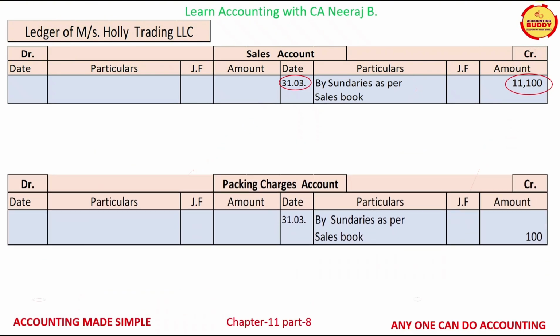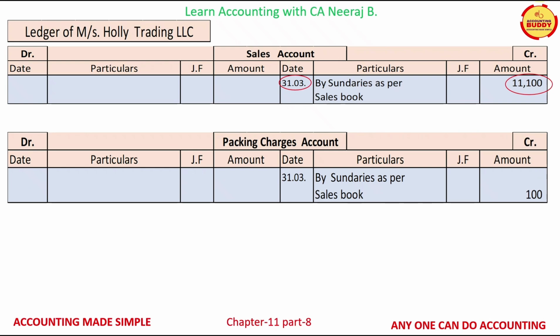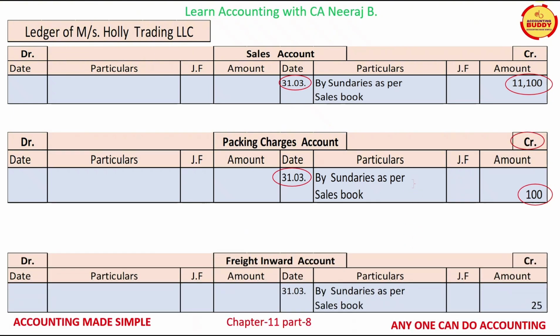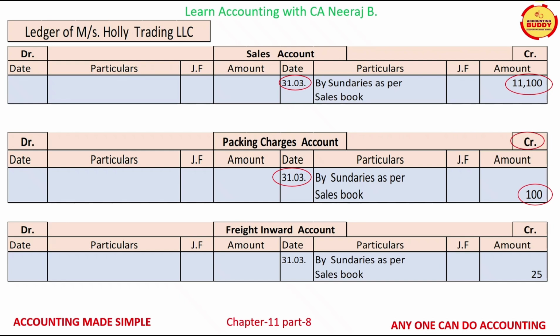Posting in the packing charges account will happen on the credit side on 31st March 25 for $100 by writing the words by sundries as per sales book. The posting in the freight inward account will also happen on 31st March 25 on the credit side by writing the words by sundries as per sales book for $25.